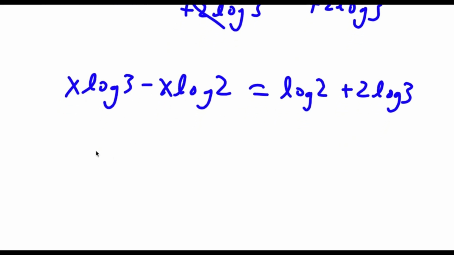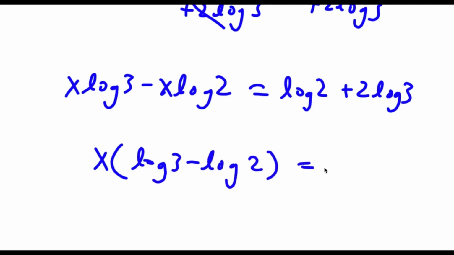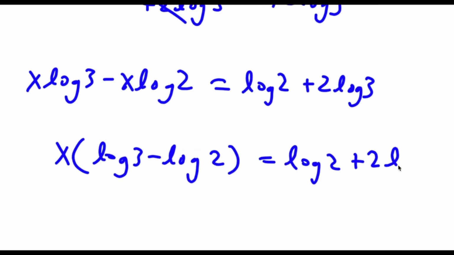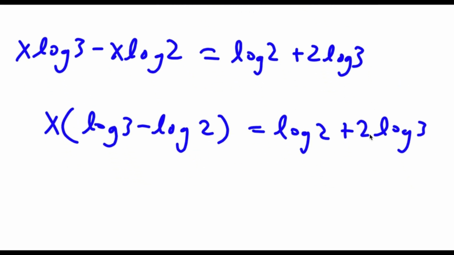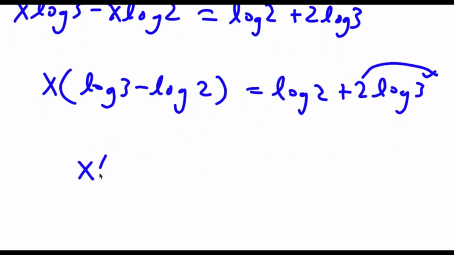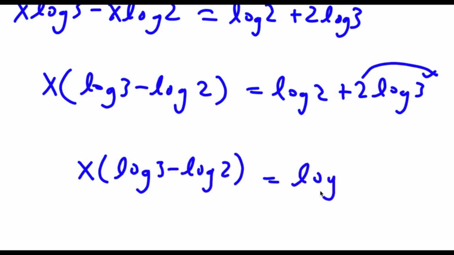Now if I factor out x from here, I have x times log 3 minus log 2 is equal to log 2 plus 2 log 3. And 2 log 3, remember how I can just bring this to the front. So now I have x times log 3 minus log 2 is equal to log 2 plus log 3 squared.